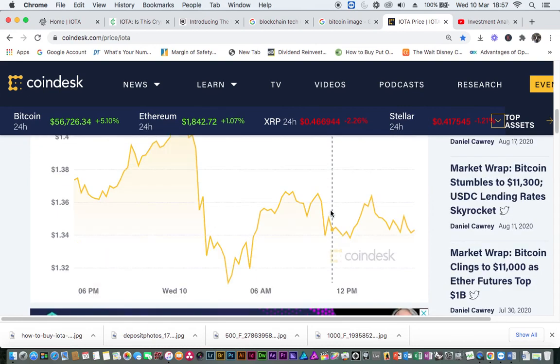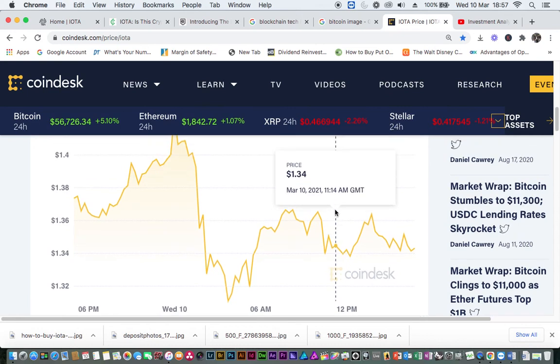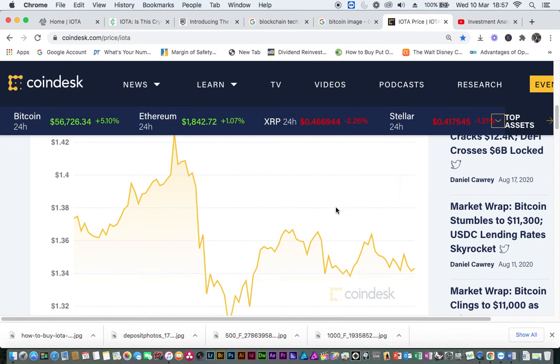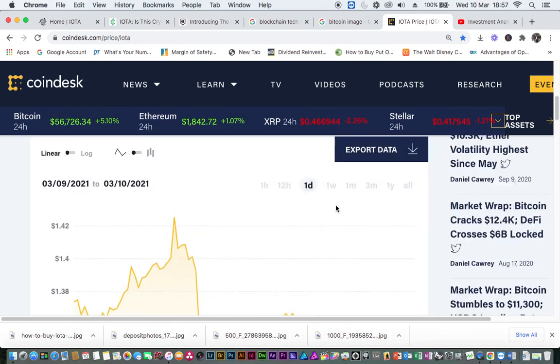I bought some recently using the Binance platform. You can do so too. It's easy. Just open an account with the platform and then you are good to go. And in my opinion, I think this digital asset has massive upside potential.